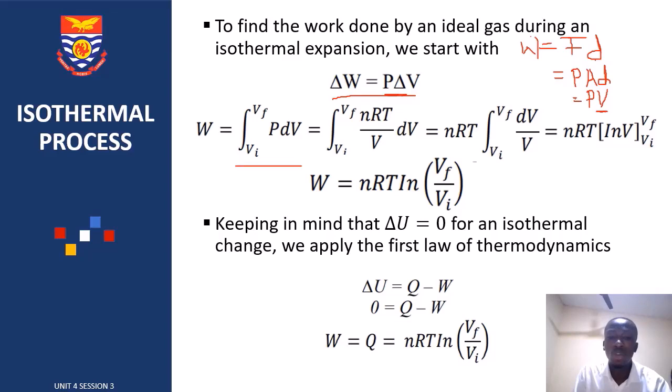From our ideal gas equation, we know that P is equal to nRT over V. So we can replace P by nRT over V, dV. nRT in this expression is a constant, so we can bring it outside the integral and focus on only 1 over V, or dV over V. Anytime you integrate 1 over a variable with respect to that variable, we get a natural log.